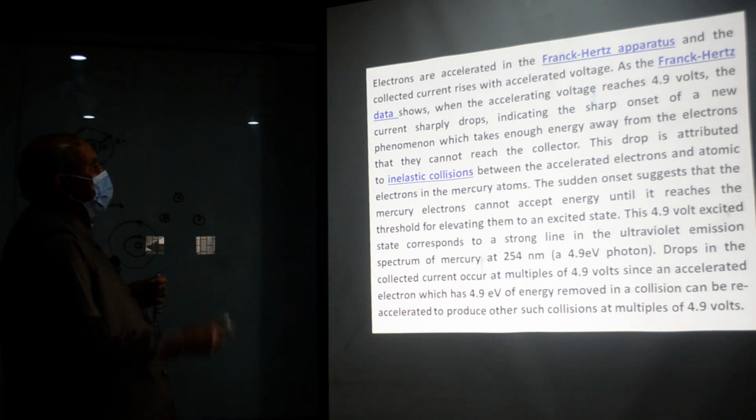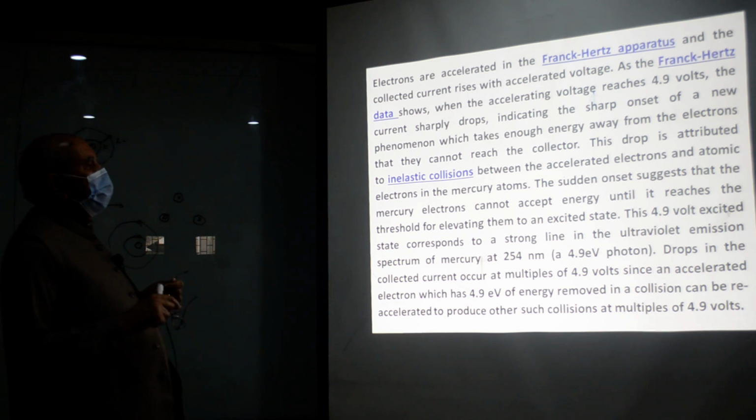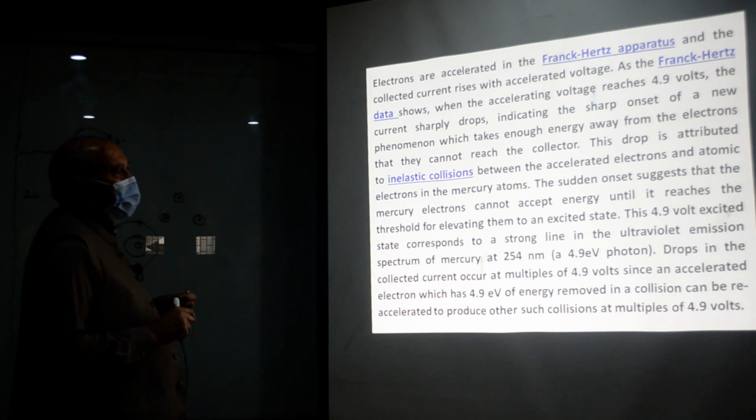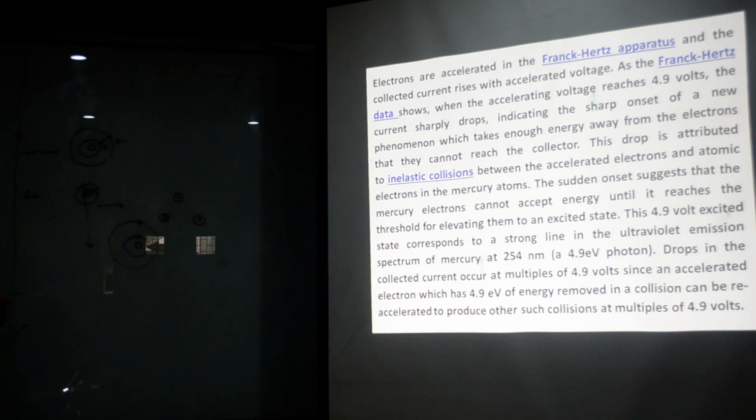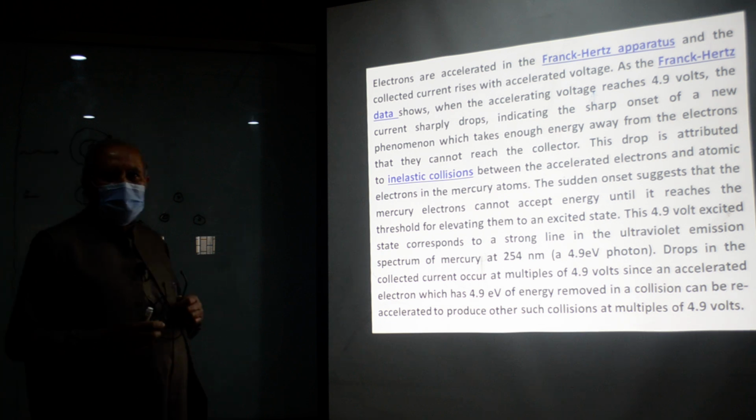The drop is attributed to the inelastic collision between the accelerated electrons and the atomic electron in the mercury atom. Why inelastic? Because the incident electron loses energy by exciting the electron of the atom to a higher energy state. The sudden onset suggests that the mercury electron cannot accept any energy until it reaches the threshold for elevating it to an excited state.